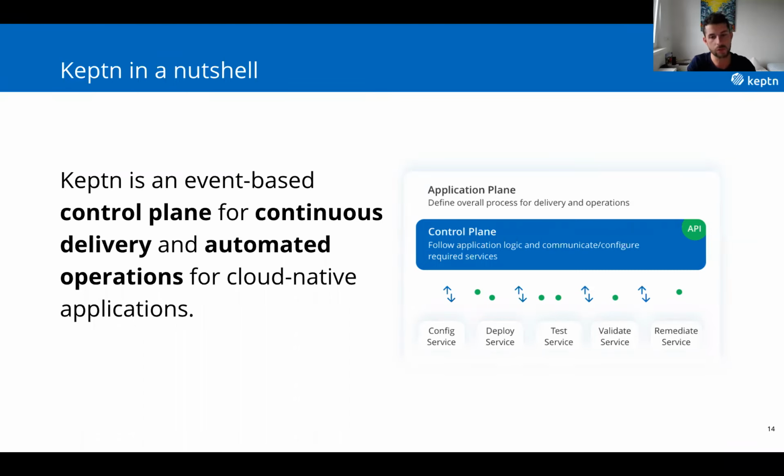For continuous delivery, because we can do continuous delivery, progressive delivery with Keptn, blue-green deployments, for example, out of the box, that's possible with Keptn. And automated operations in the sense that Keptn can react on any alerts from the alert manager or problem tickets from Dynatrace or whatever tool you're integrating with Keptn.